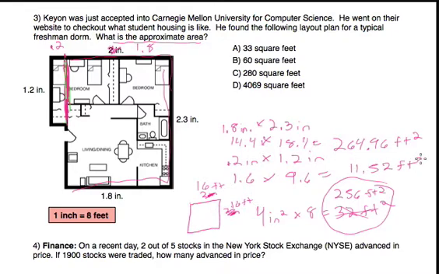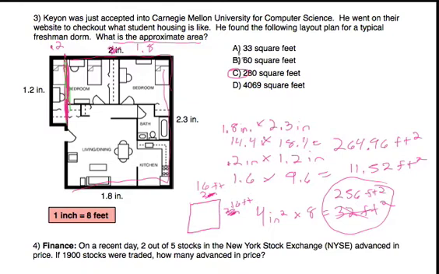And so what I've done is I found the area of this big portion of the dorm and then this leftover portion of the dorm. So it's going to be 11.52 plus 264.96, and that gives us 276.48, or approximately 280 square feet.